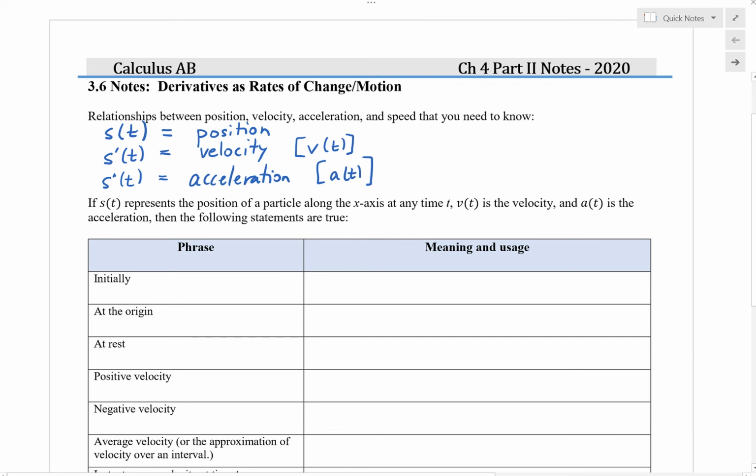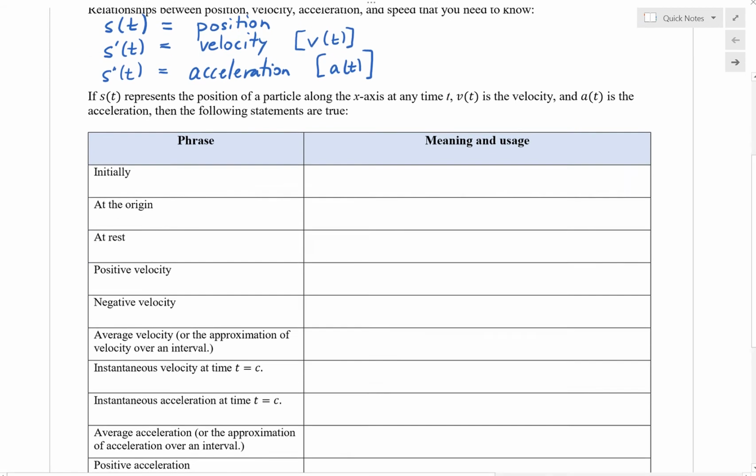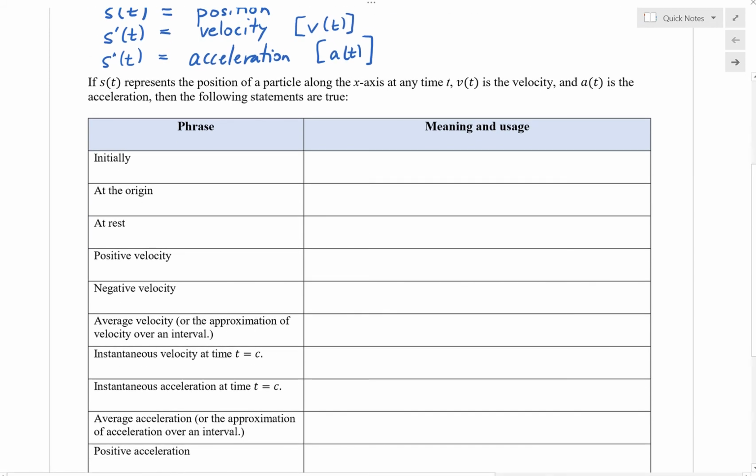If s of t represents the position of a particle along the x-axis at any time t, then v of t is the velocity and a of t is the acceleration. In that context, the following statements are true. The phrase initially means that time is equal to 0, so t is equal to 0, which is the starting position of the particle.